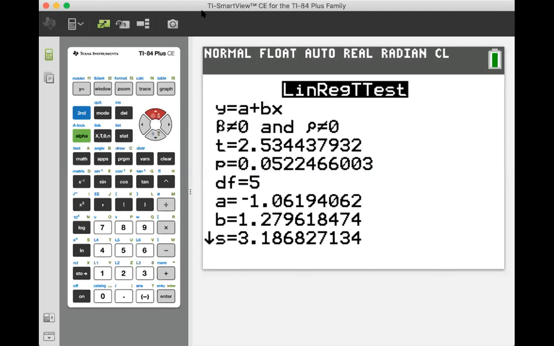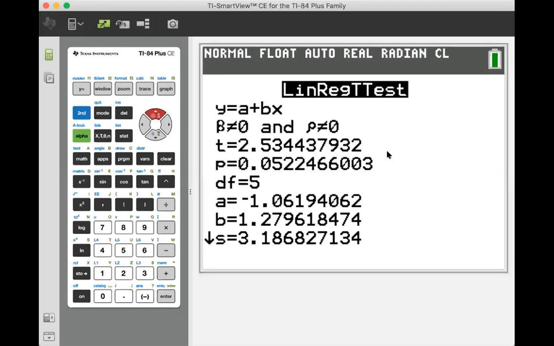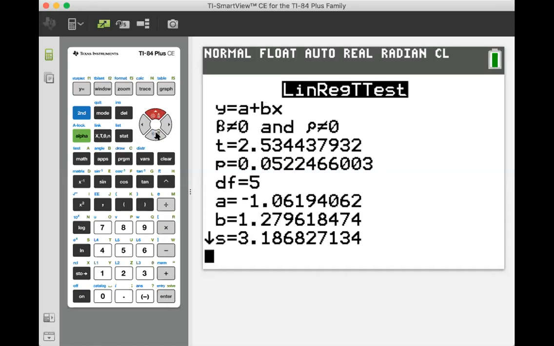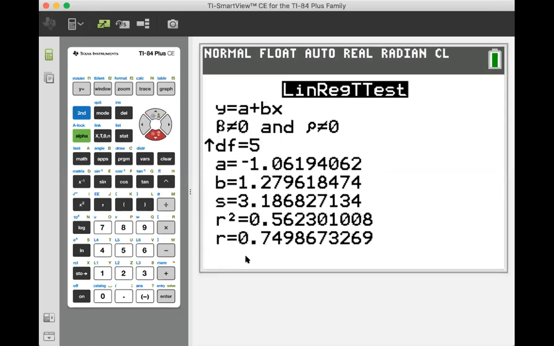All right, last thing we're going to look at here is down at the bottom, R. R is the sample linear correlation coefficient. This is the number that estimates the linear correlation coefficient rho back in the population.